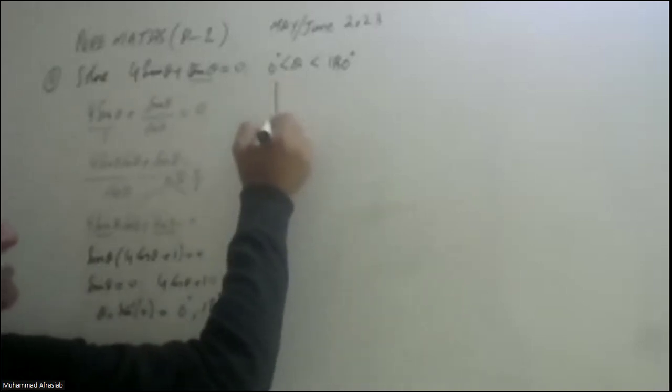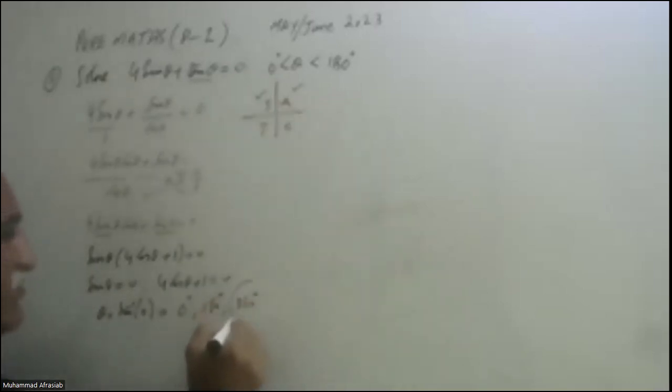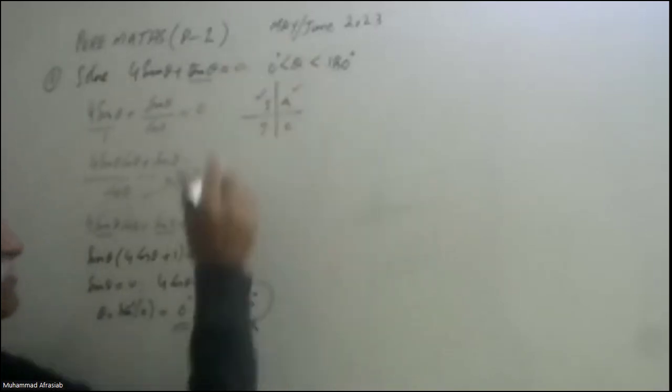If theta is equal to sine inverse of 0, that is 0 degrees, 180 degrees and 360 degrees. But our range is in ASTC, the first and the second quadrant. 0 and 180 are not in the range of this domain, so all these values of the angle will be rejected.